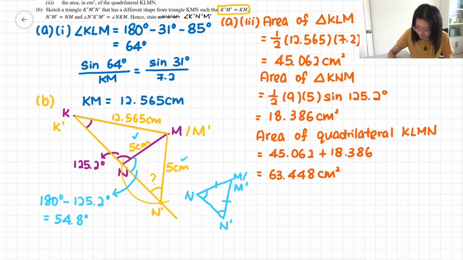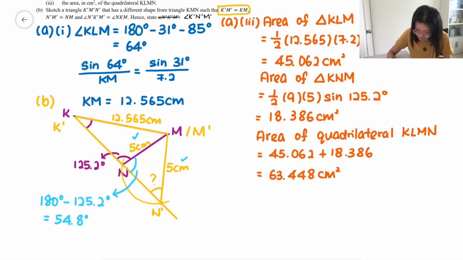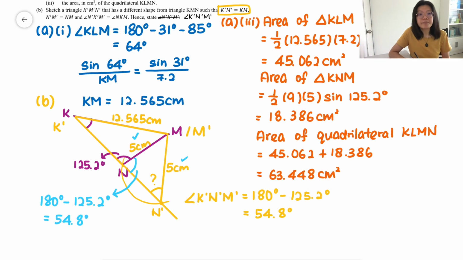So from this, I know my answer. I can write that the angle K prime N prime M prime equals 180 degrees minus 125.2 degrees, which is 54.8 degrees. Do you understand what I mean?